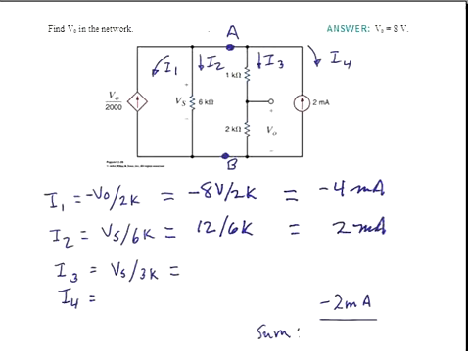I3 is Vs divided by 3K, or 12 volts divided by 3K is equal to 4 milliamps. And then the I4 is equal to minus 2 milliamps. And we see that the sum here is just 0, as we would expect.